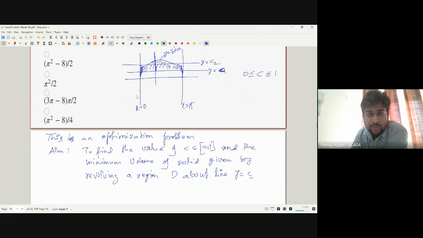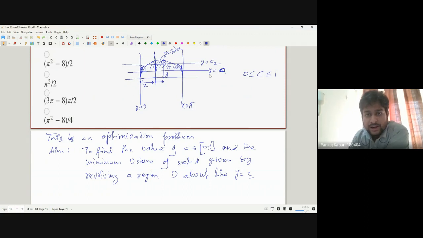Any arbitrary point, let's say you are at a distance of x from here, and at this particular distance, if you are on this curve, which is the sin x function, this whole distance is just y.